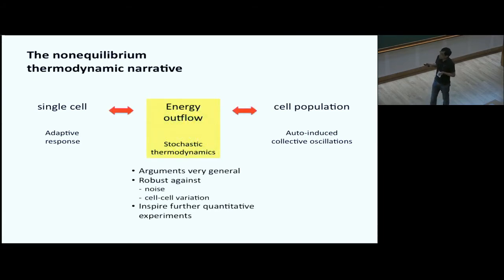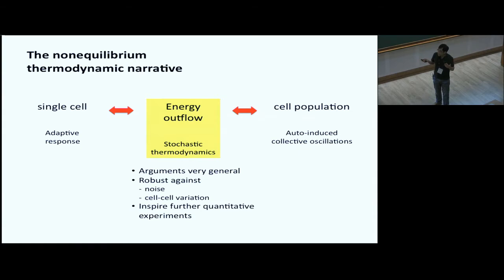So the idea is very simple. We're going to look at the energy flow between the single cell and maybe the medium, because in order for the cells to have this collective phenomenon, there must be cell-to-cell communication. So maybe the energy flow thinking can allow you to explain the oscillatory phenomena.